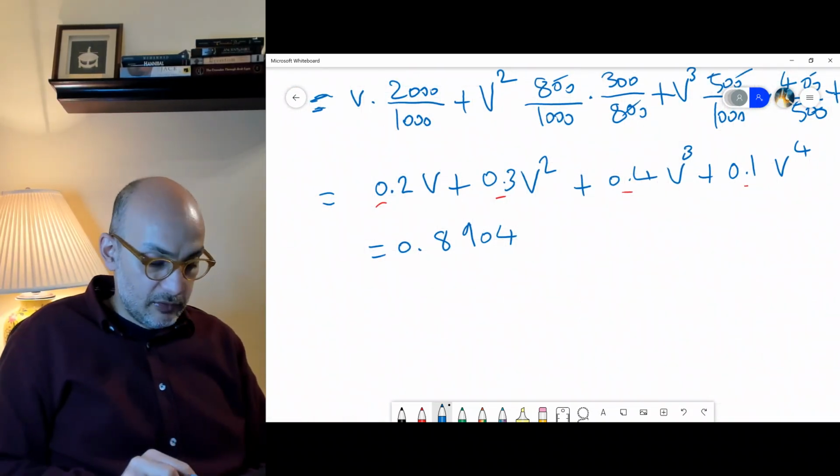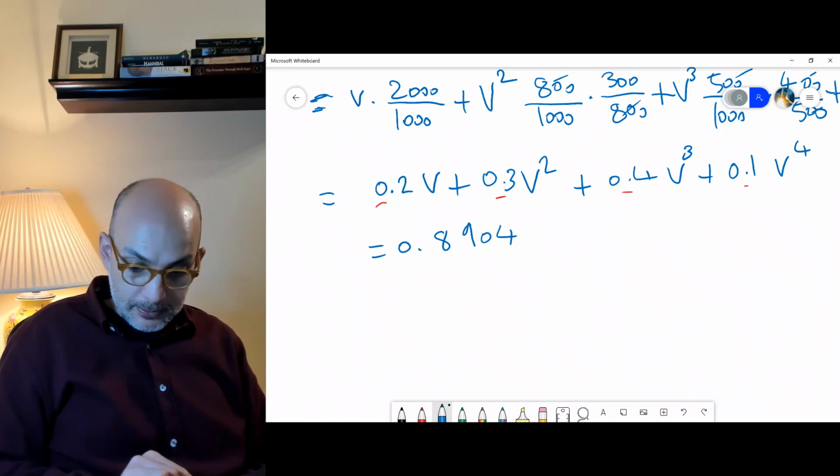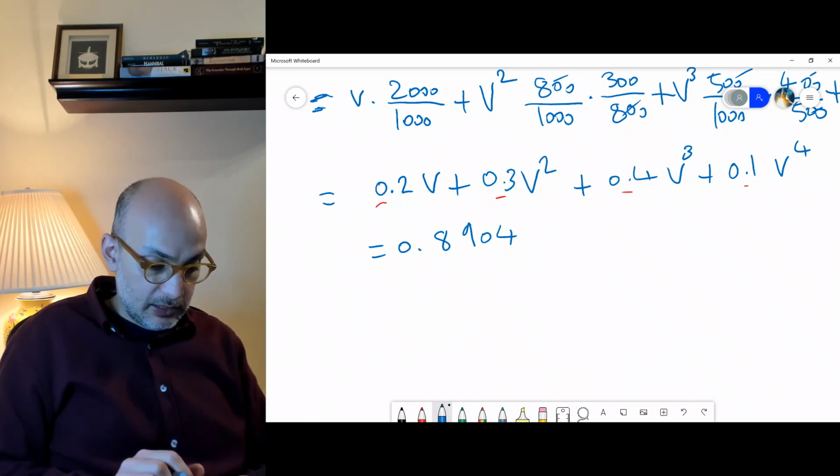So one more time, it is 0.2 multiplied by 1.05 raised to minus 1, plus 0.3 multiplied by 1.05 raised to minus 2, plus 0.4 multiplied by 1.05 raised to minus 3, plus 0.1 multiplied by 1.05 raised to minus 4.